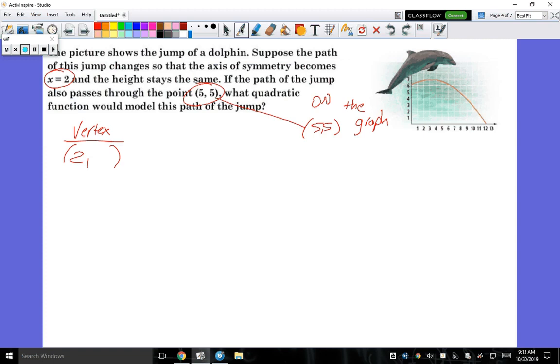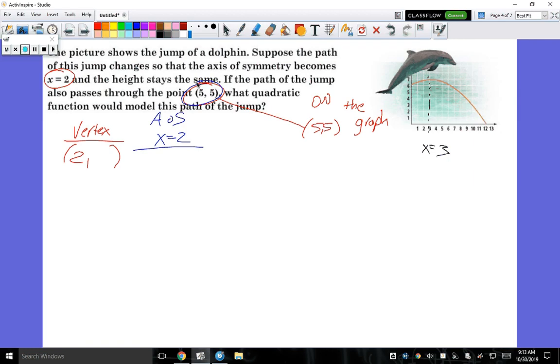So this original, the axis of symmetry was what? 3. So x is equal to 3. And we're changing it to x is equal to 2. Okay? And if the path of the jump also passes through. So the new place, I see what you're doing. Thank you, Jordan. The new one is going to go through here.